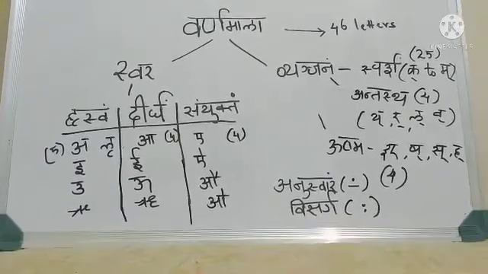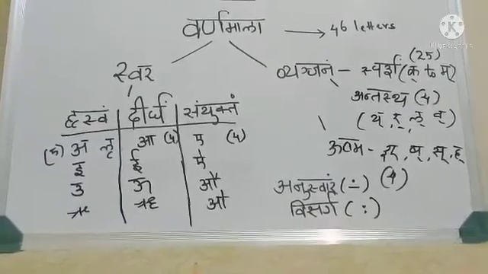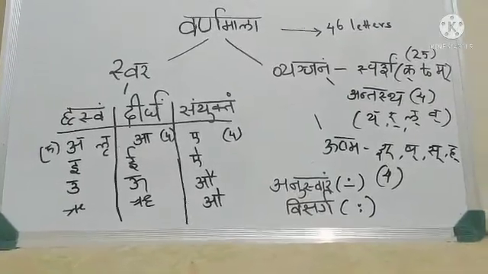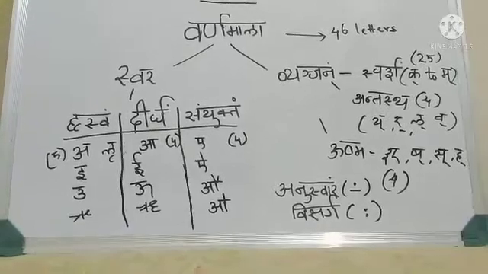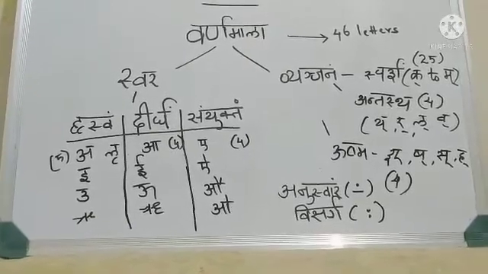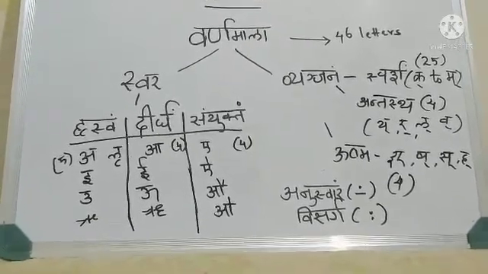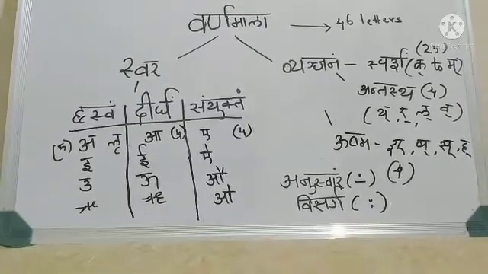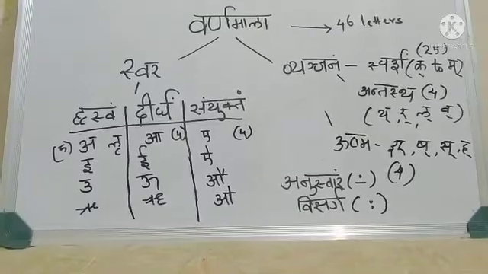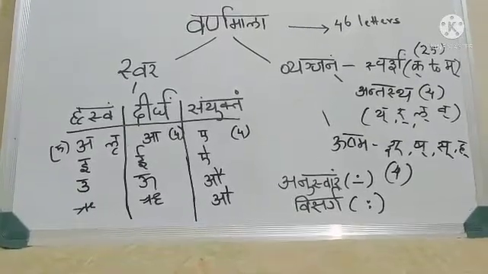Dirgham, as the name itself says, includes the long alphabets, the Dirghas: A, I, U, R. The 4 alphabets. And Samyuktam means it has something to combine with it.